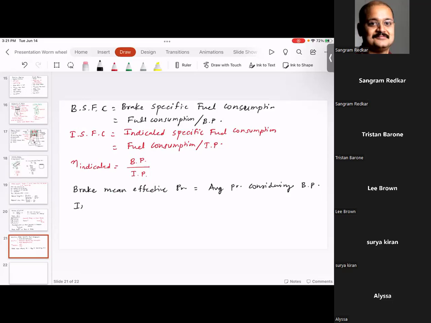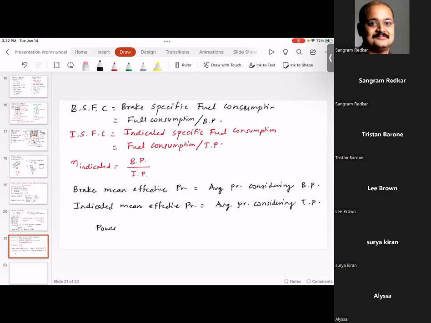And indicated mean effective pressure, which is average pressure considering indicated power.